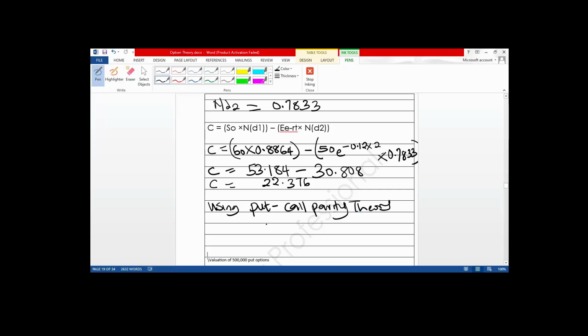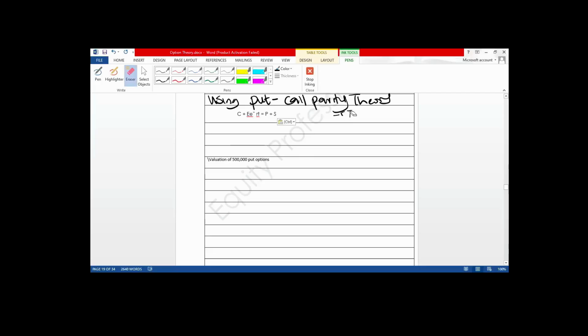What is the theory? Let's go and take the formula. This is the formula.